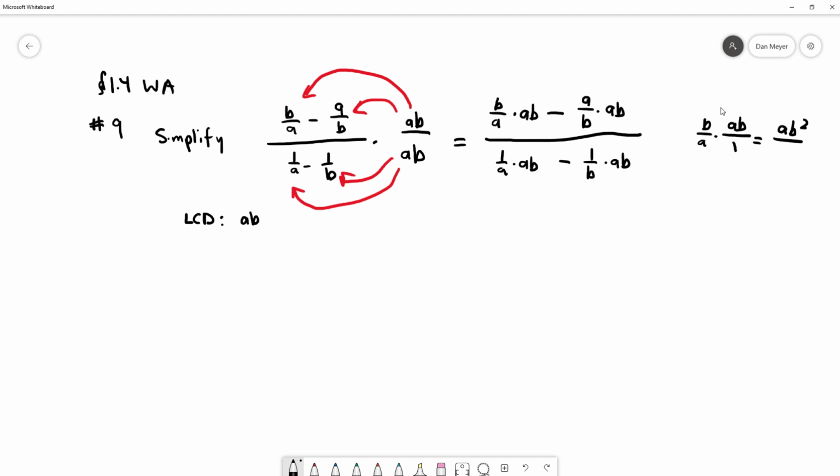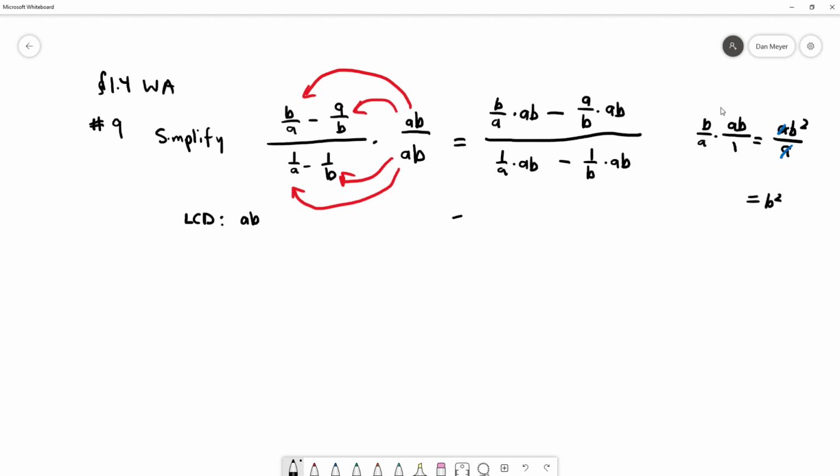When I multiply across the top, on the bottom, a times 1 is just a. And then I have my numerator written as a product. My denominator is a product of one thing. But the point here is I have both my numerator and my denominator written as a product, and they share a common factor, a. And so I can cancel the a. And I'm just left with b squared. Again, that was just that first term.